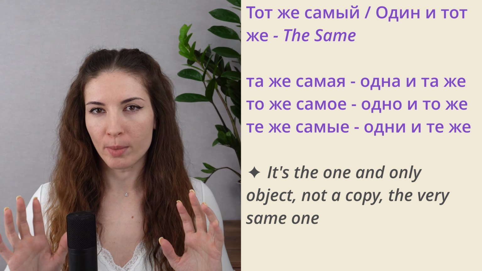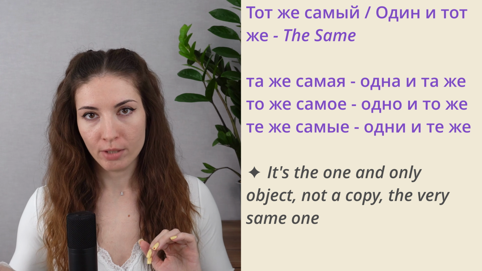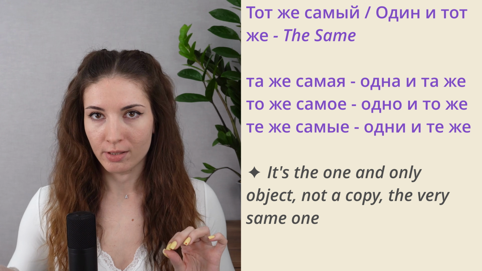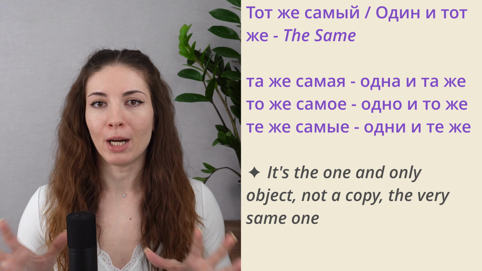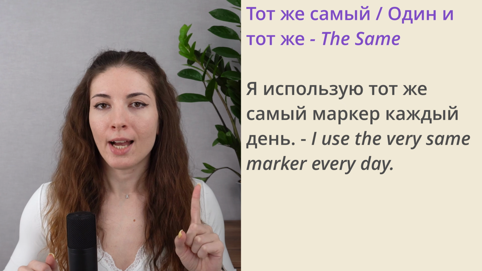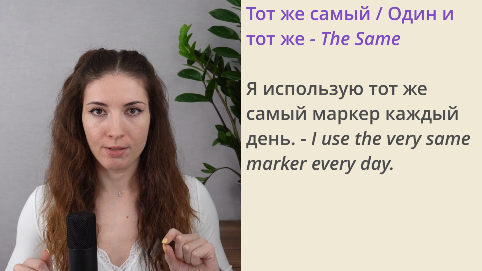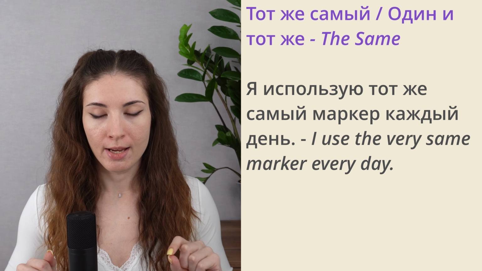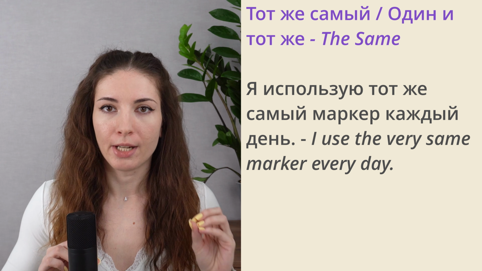And the last one, тот же самый. Sometimes you could hear the forms like один и тот же самый, один и тот же, means that it's the one and only object, not a copy, not a similar one. Here we're talking about the same object, one object. Я использую тот же самый маркер каждый день, meaning that I use the very same marker every day.